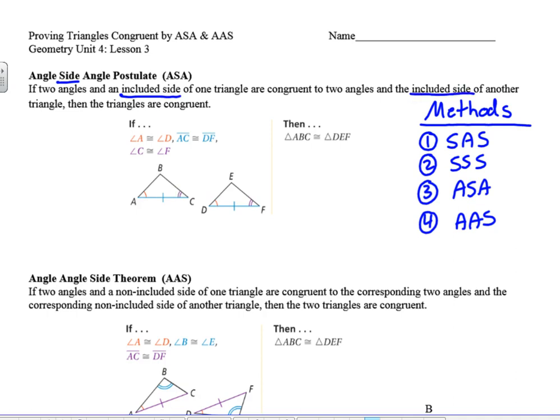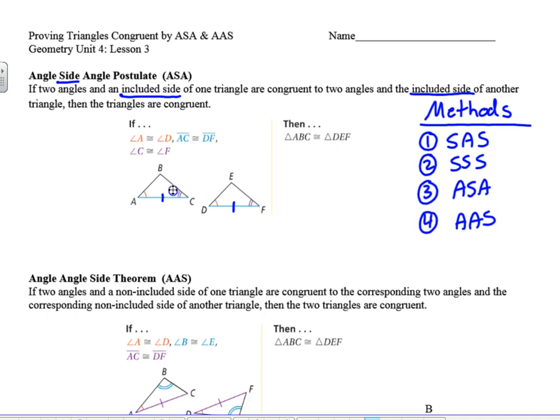So the order matters. As you look at this diagram, what we see here is that side AC is between angle A and angle C, and side DF is between angle D and angle F, and those are the two angles we know on the side.